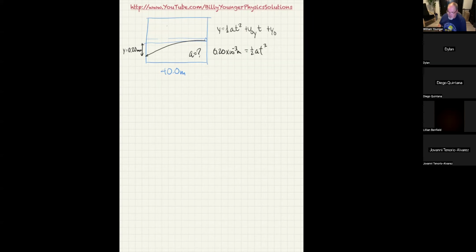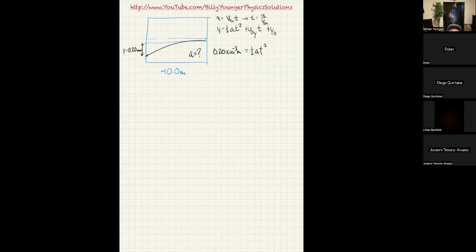The problem is we don't know t. But we do know the light was traveling at the speed of light, and x is equal to v0x times t, so t is just x over v0x.